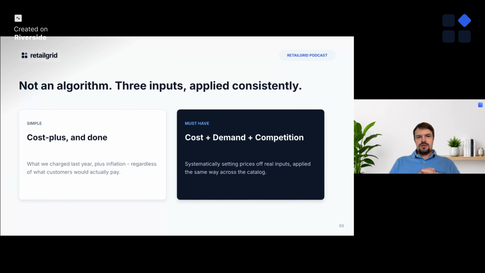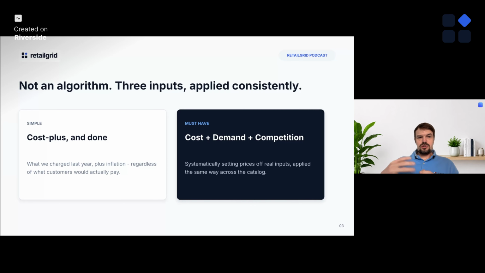We have a quite simple and straightforward approach, used by default. You have the cost, the cost of goods sold, the cost of your products, and you have the price.